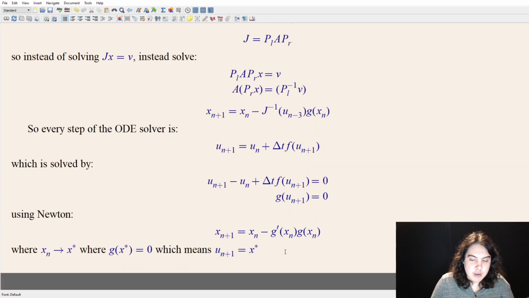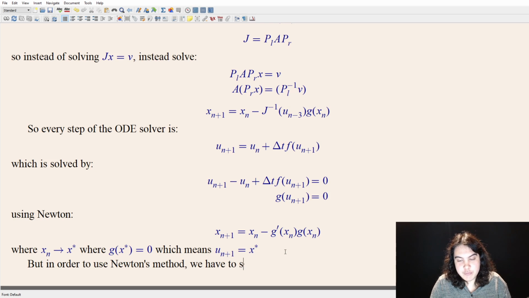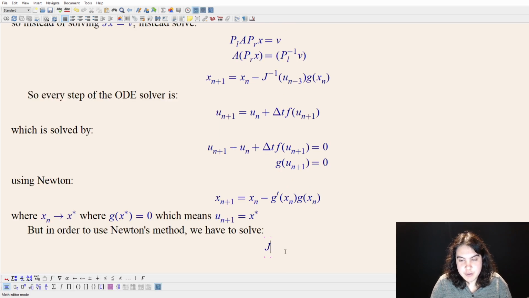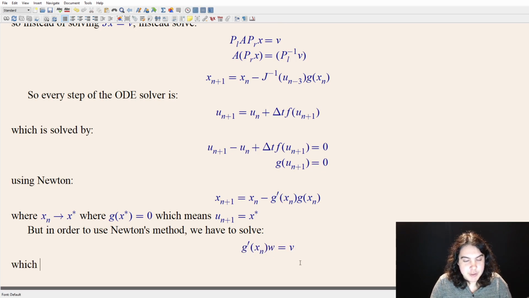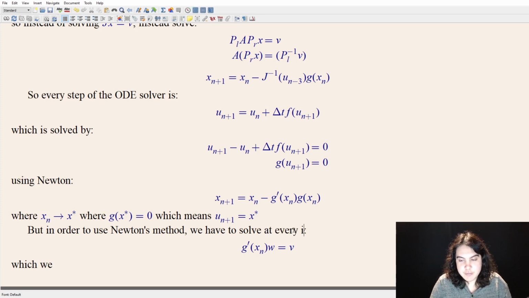But in order to use Newton's method, we have to solve g prime w equals v, which we need to solve every iteration. And how do we solve that? Well, we can use a factorization method.